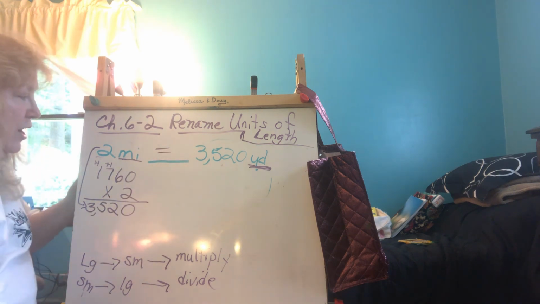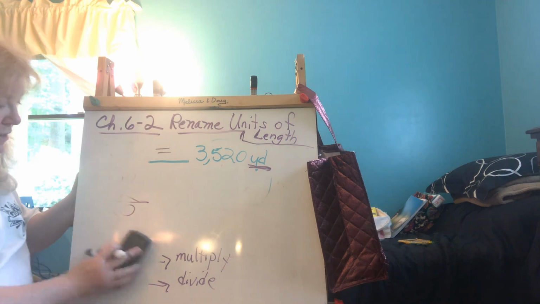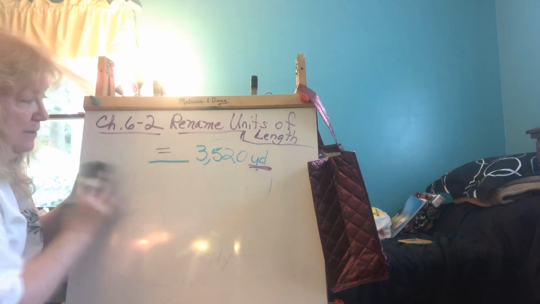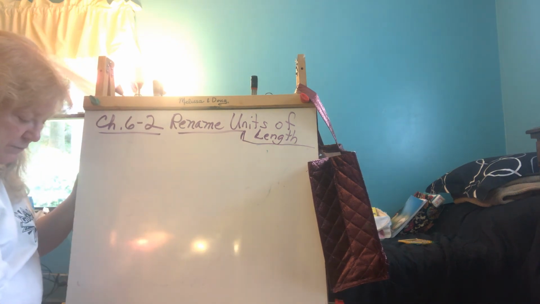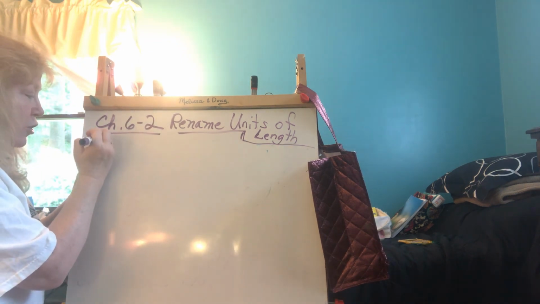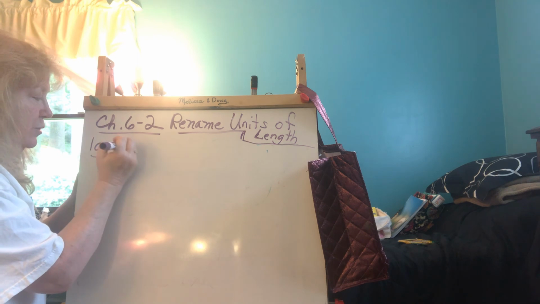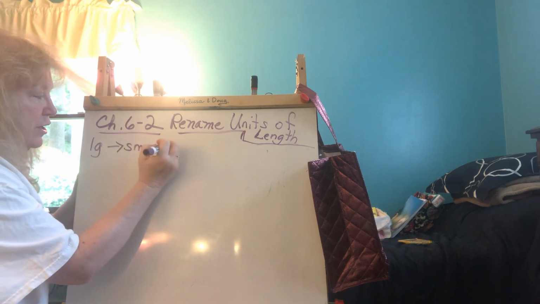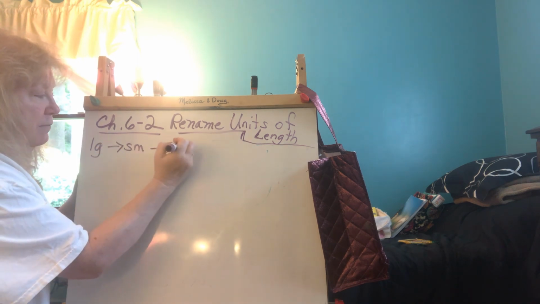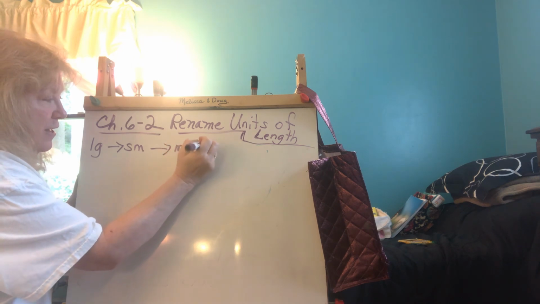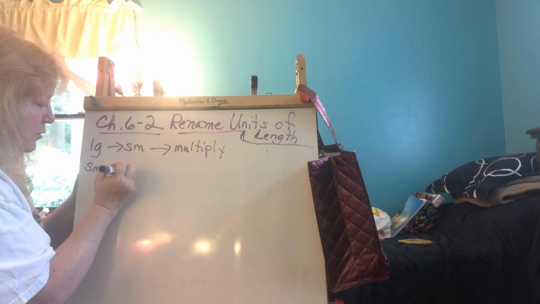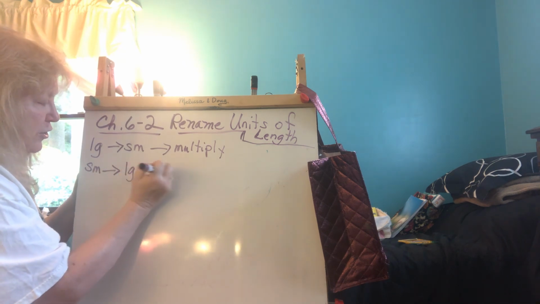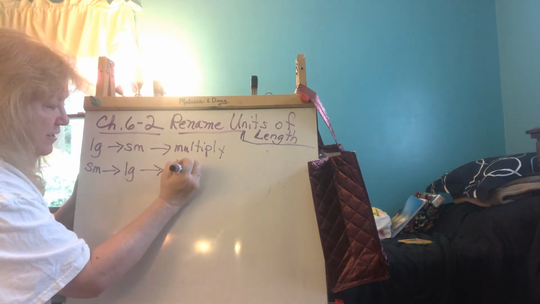Okay, let's try one more. Oops, I shouldn't have erased that on the bottom. I'm not saving myself any work here. So let's do larger to smaller, you then multiply. Smaller to larger, you divide.